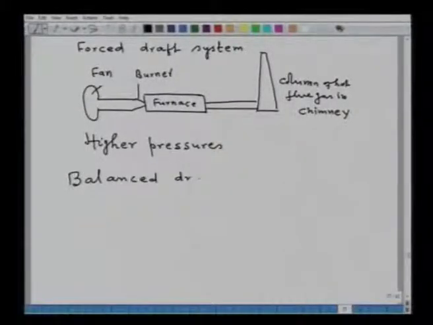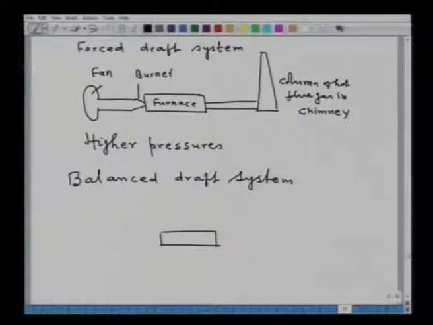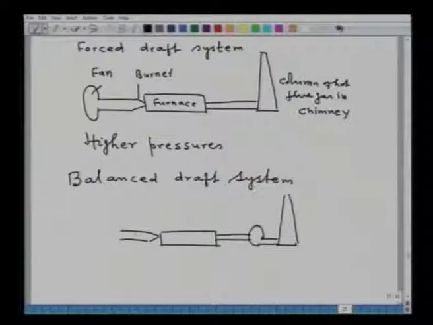Balanced draft system. Now, in the balanced draft system, say again we have the furnace over here, this is the flue, and here is the fan, and this is the chimney, and here this is a burner. We are putting one fan also over here.